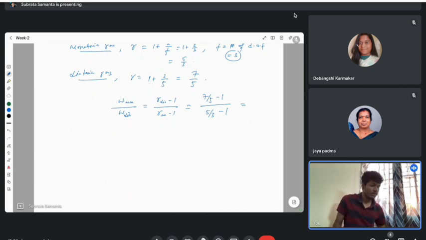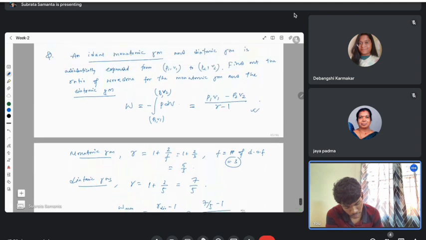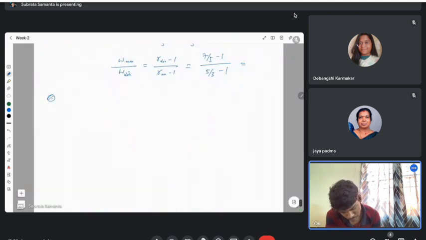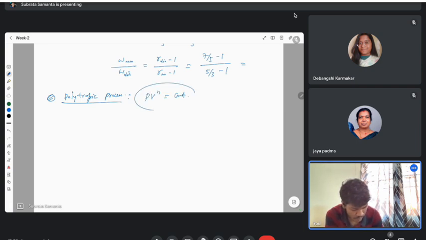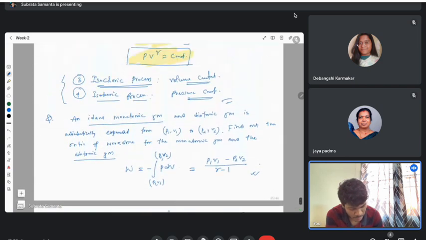So these are the things, and similarly we calculate for the other gases. Now the polytropic process. The polytropic process is PV to the power n equals constant, right? The adiabatic process is PV to the power gamma equals constant.